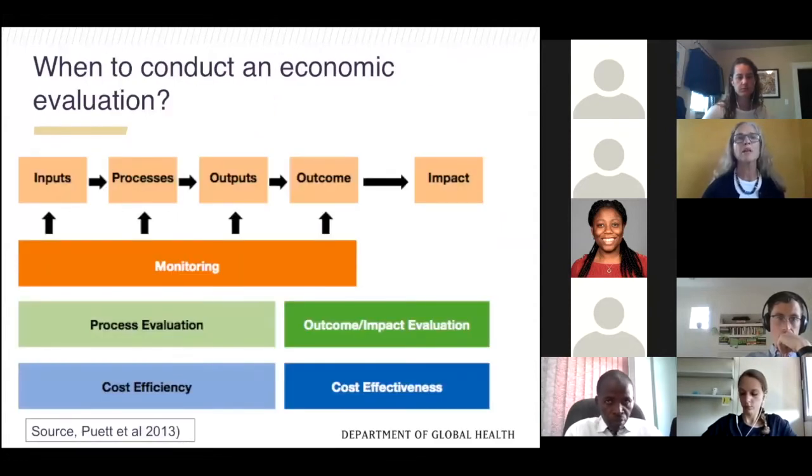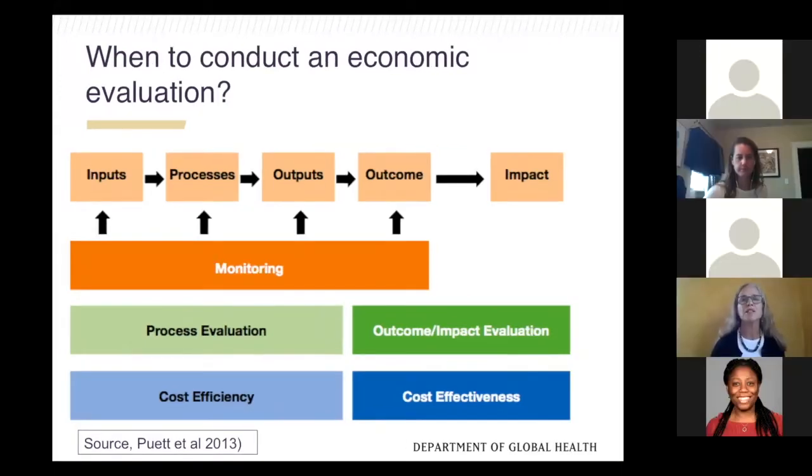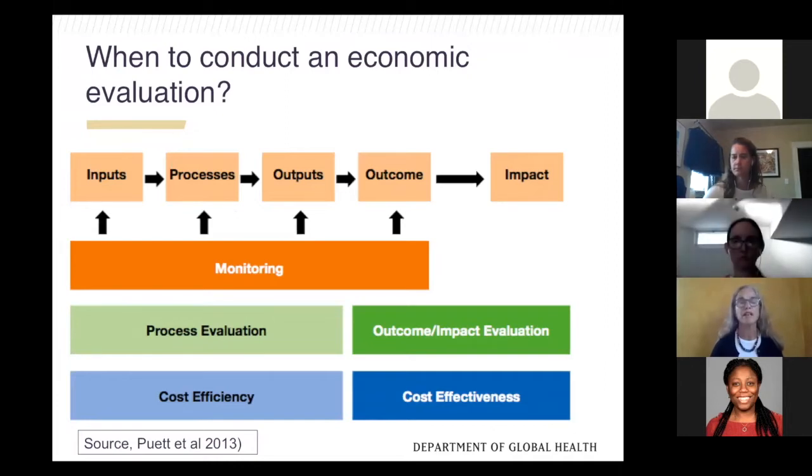And now quickly, because I'm running out of time here, I'd like to indicate that we traditionally conduct economic evaluation, particularly cost effectiveness analysis, at the end of the project cycle. Why? Because we need to have measures of impact that feed into the analysis. Now, we can look at cost efficiency indicators along the way, but for cost effectiveness, the full economic evaluation, this typically will occur at the end of a project.